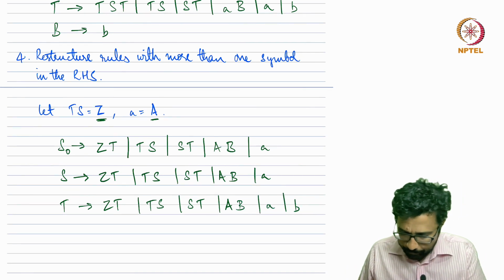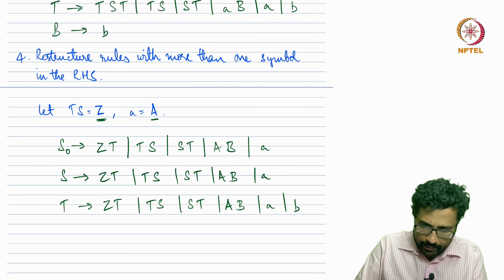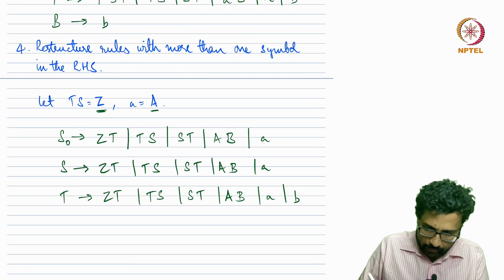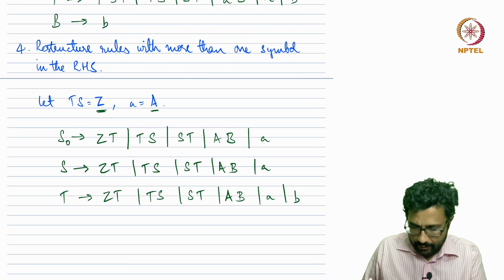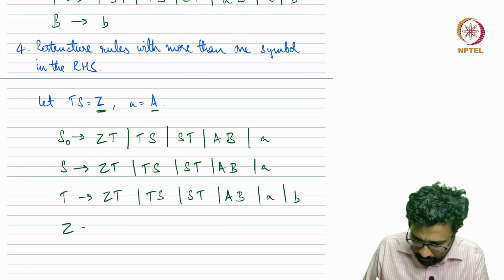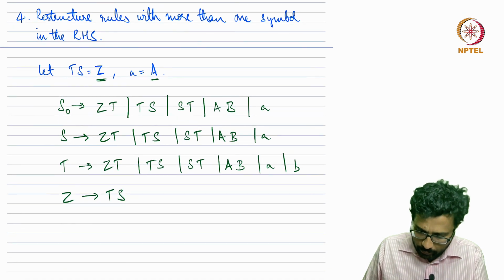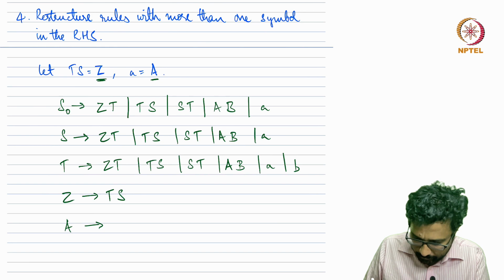And now we have to formalize this particular thing that I said here. We want Z to stand in for this TS, right? So we have this new rule, Z gives TS, and we have this other rule that A gives small a.